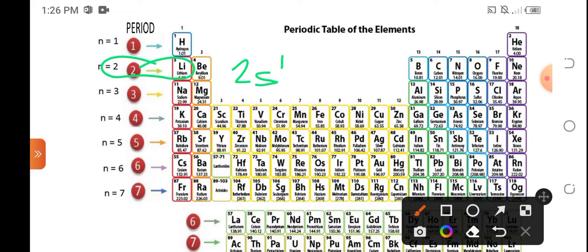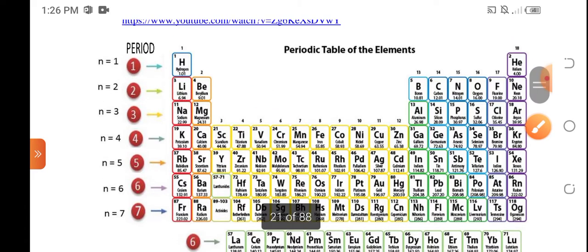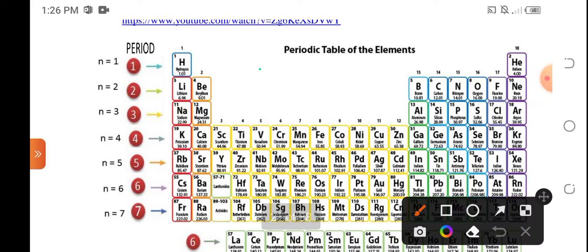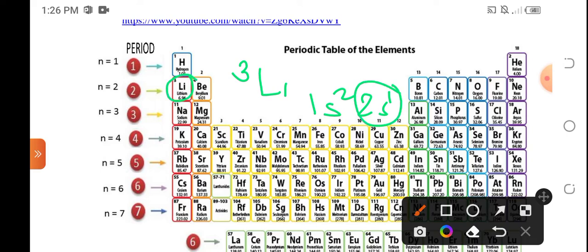Kasi if you write the electron configuration of lithium, which has 3 protons because of its atomic number 3, taking it as a neutral atom, we have 1s2, 2s1. So yung last electron configuration ng lithium ay 2s1, and that is denoted by this period. Kaya nandun siya sa second period.